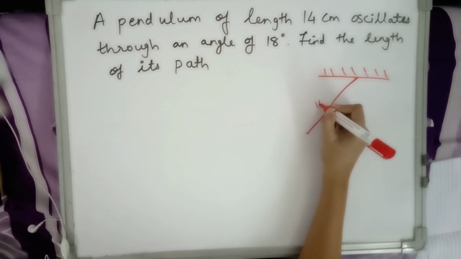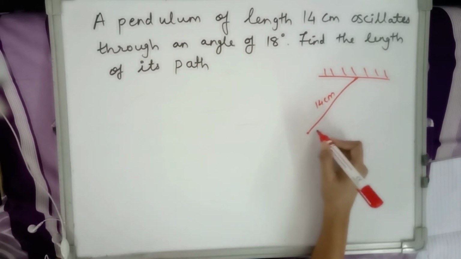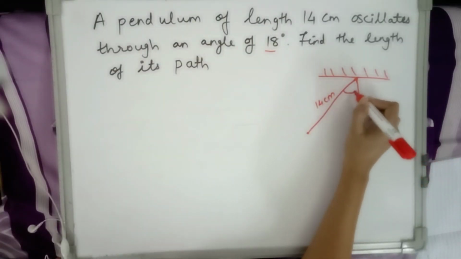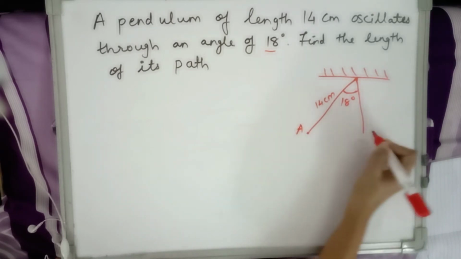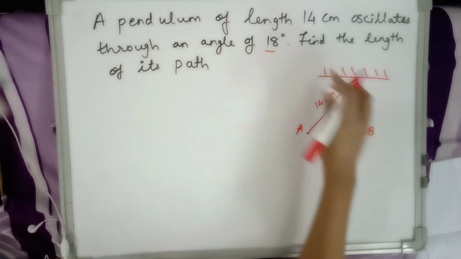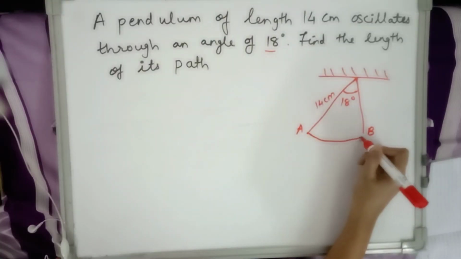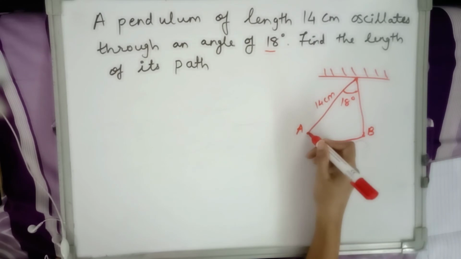Its length is 14 centimeter. The pendulum subtends an angle of 18 degree. It's moving from point A to B. We have to find the length of its path. This will be the path that it travels.